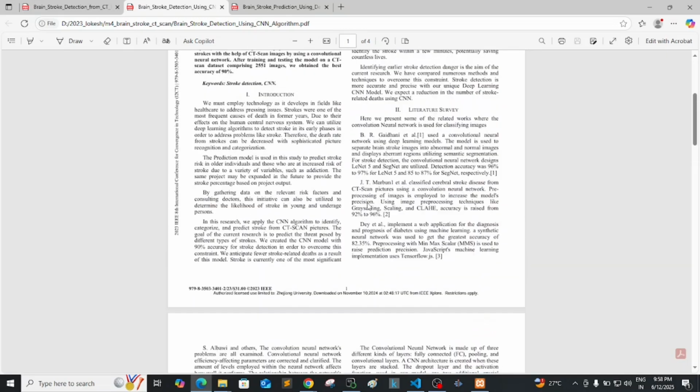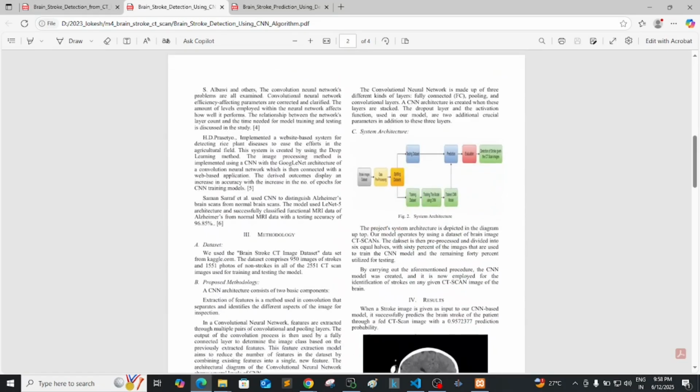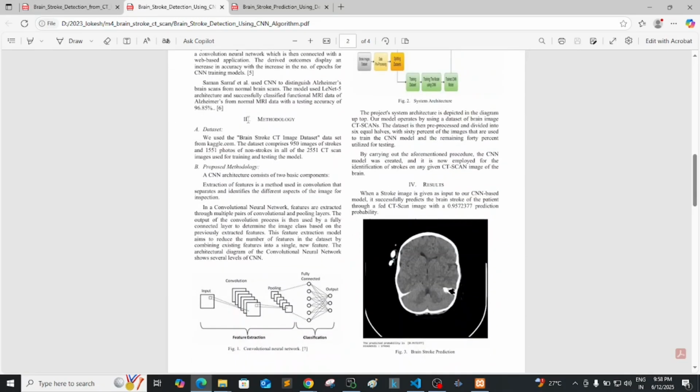If you check the methodology here, you will understand these things. What dataset are they using? They are using a dataset which contains 255 CT images, 950 healthy images. The same dataset we are also using, exactly the same dataset, the same number of images. So when we compare with this paper, the comparison will be meaningful.